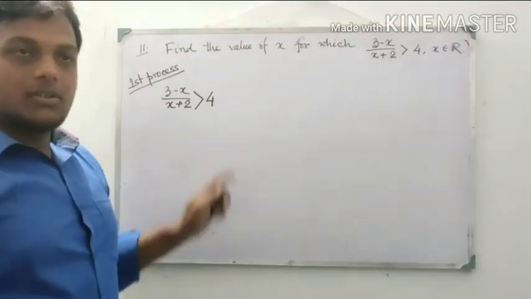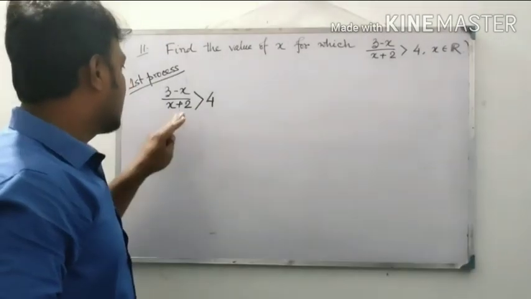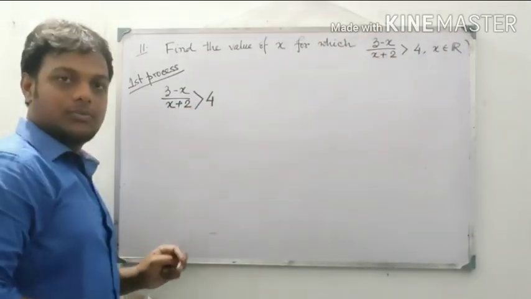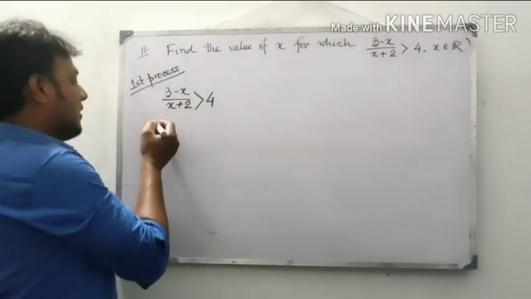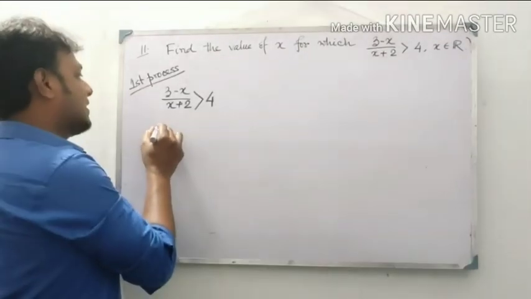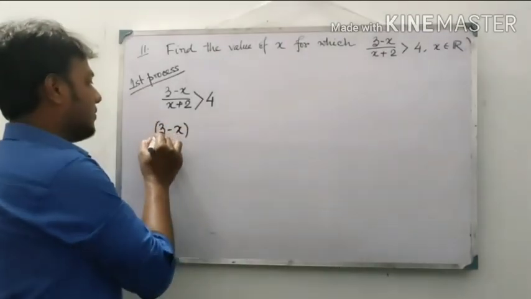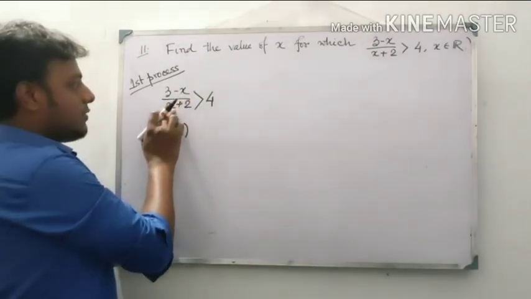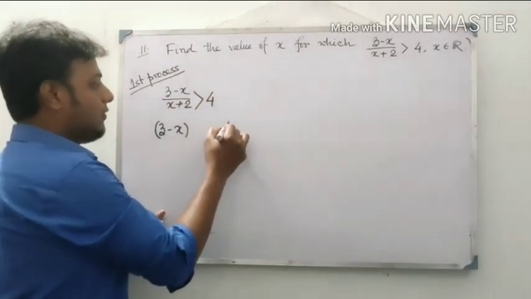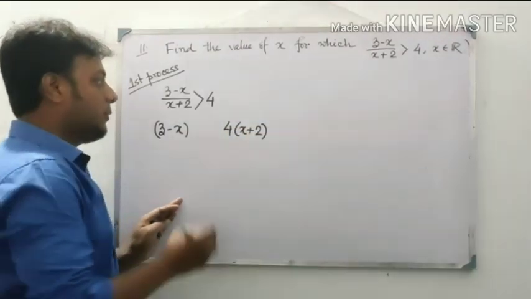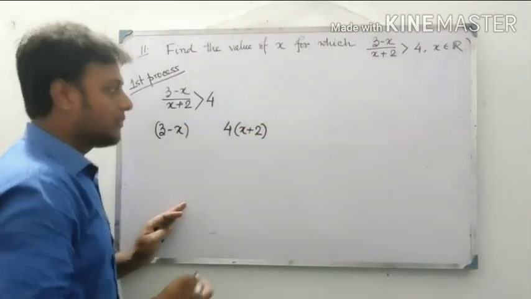We multiply both sides by x plus 2. Then on this side x plus 2 will be cancelled out, and on this side 4 into (x plus 2) will be there.